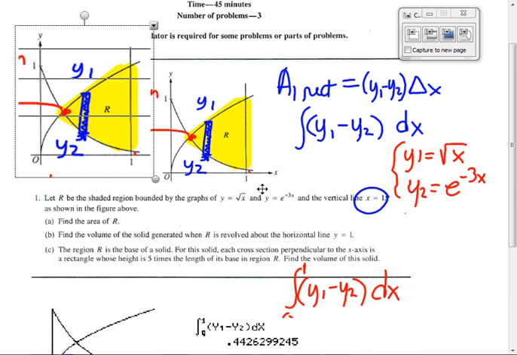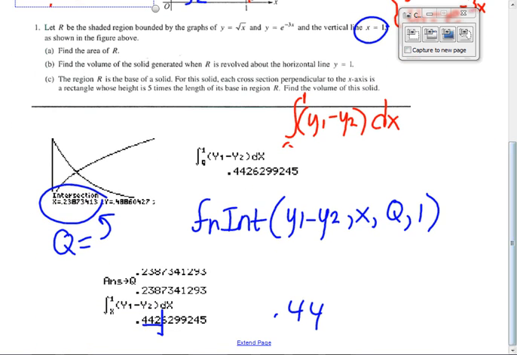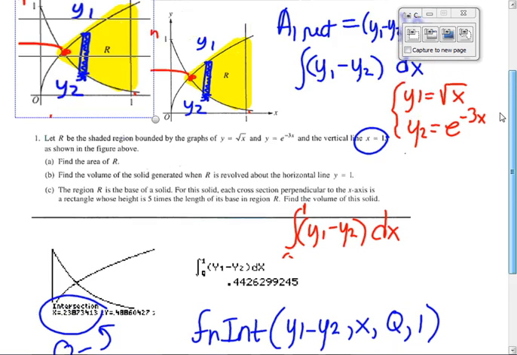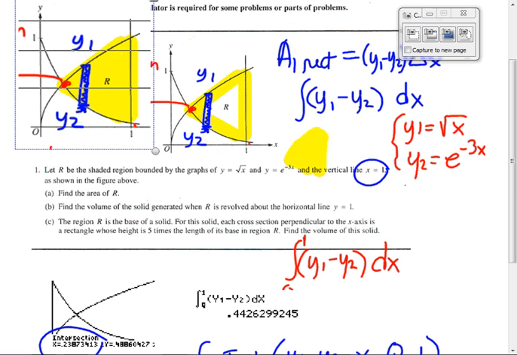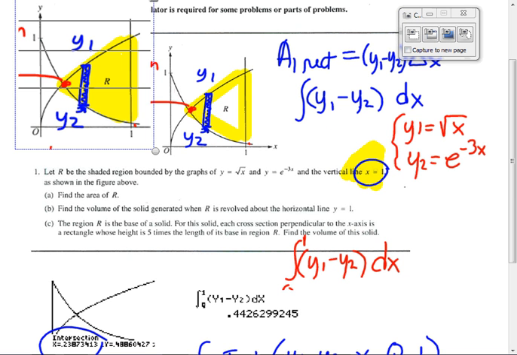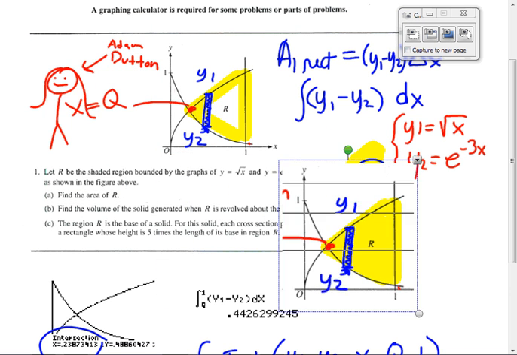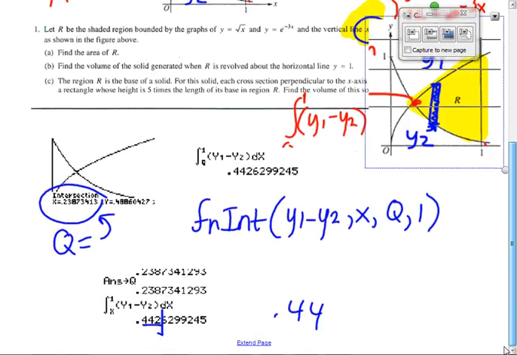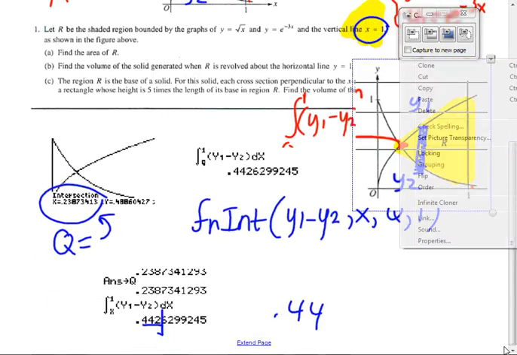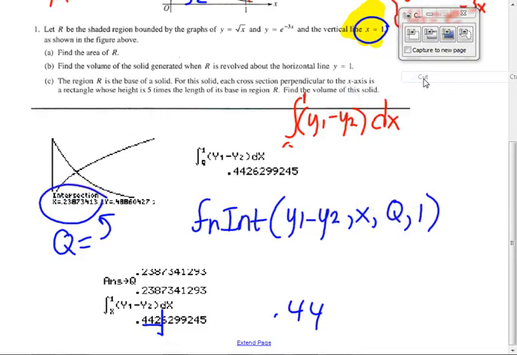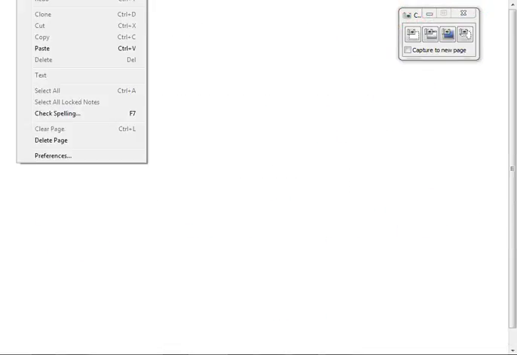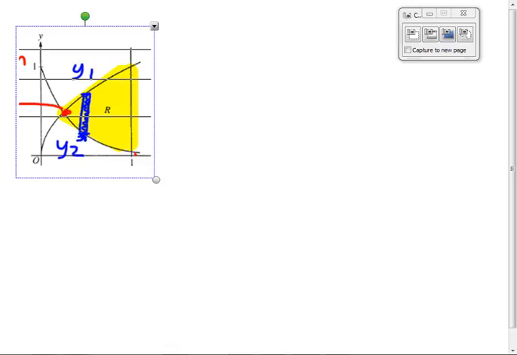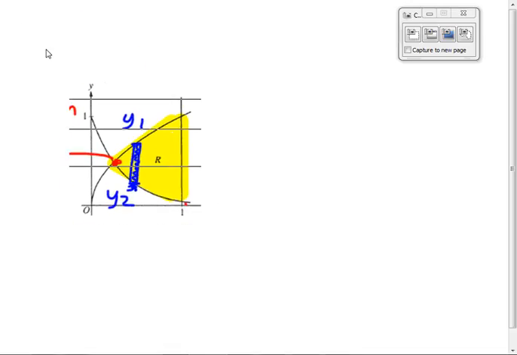Okay, so you got to draw this. There we go. We want to rotate this around y equals 1. Here's 1.